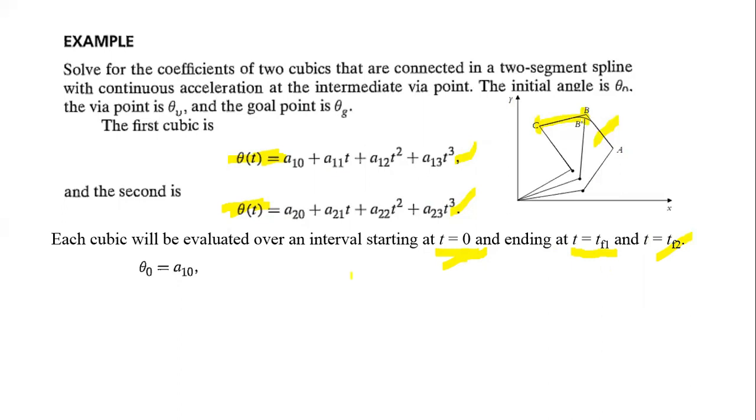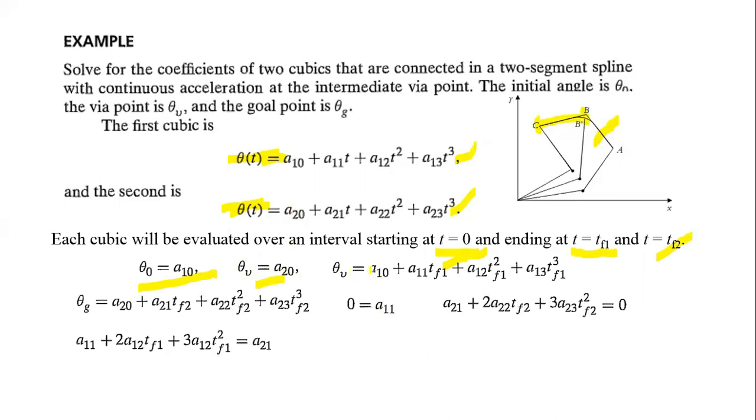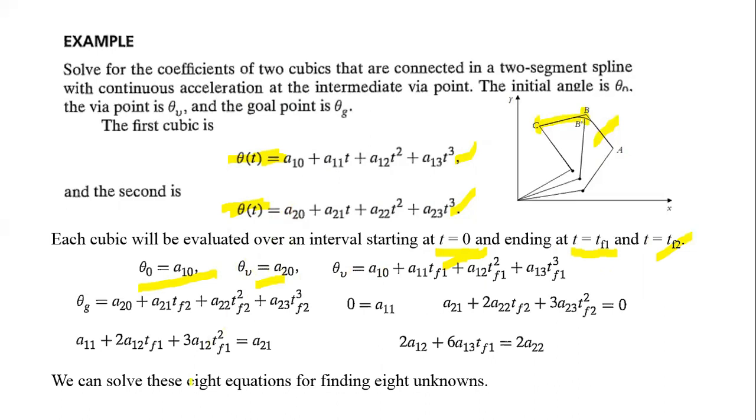Once you put t equal to 0, you will get theta 0 equal to a10, and then if you put t equal to 0 in the other equation, you will get theta v equal to a20. Similarly, you can substitute all these conditions, and you will get a total of 8 equations. Once you solve these 8 equations, you will find the 8 unknowns of these cubics: 4 unknowns corresponding to this cubic and 4 unknowns corresponding to the other cubic.